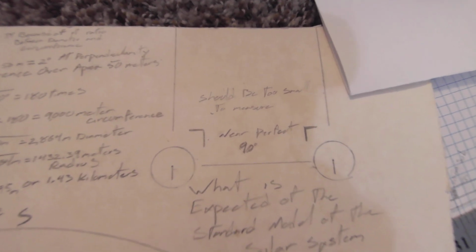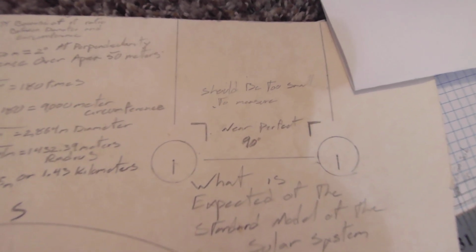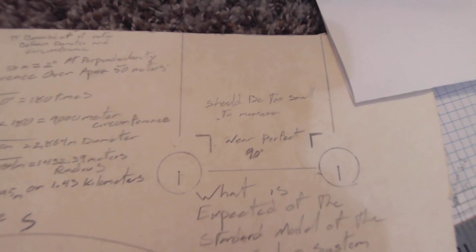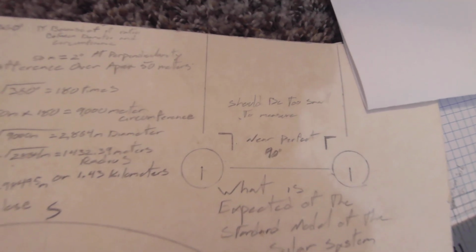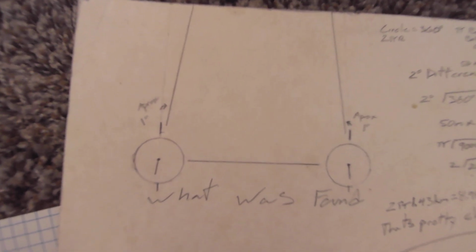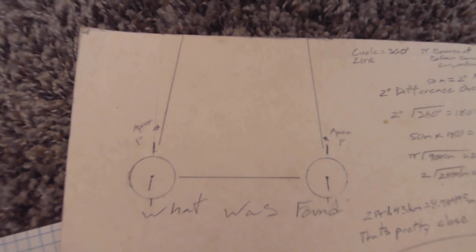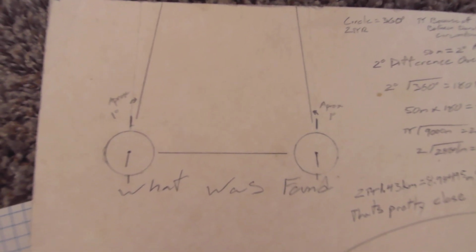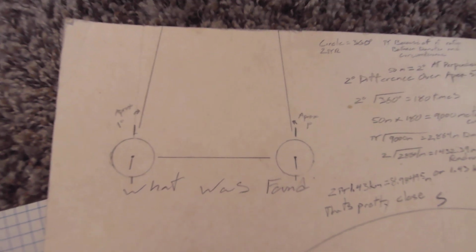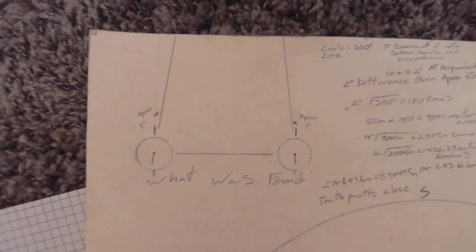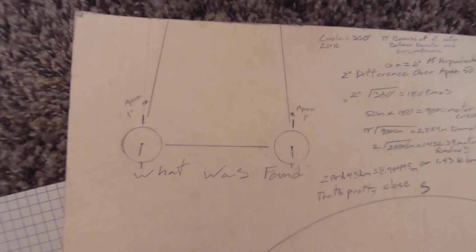Two boards 50 meters apart should make two 90-degree angles when perpendicular with the sun. But what I found was this, and this is measured, what I'm showing you right here. 1 degree inward looks something similar to this. It's probably not perfect, but it should look something kind of like this.